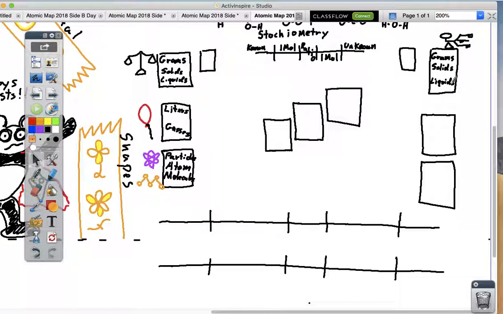Now what's funny is normally when we have gases transferred to a lab, it doesn't come in balloons, although that would make chemistry a lot more fun. We usually have it come in bottles, right? And those bottles come in liters, right? So once again, we are still looking for liters, and that is for gases.